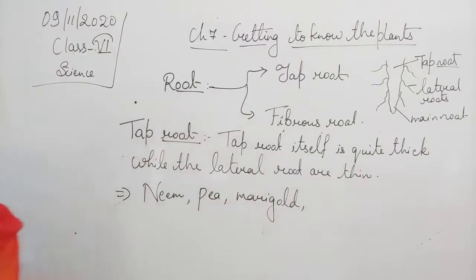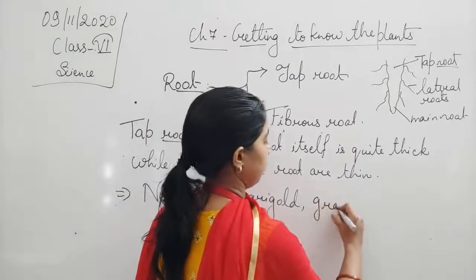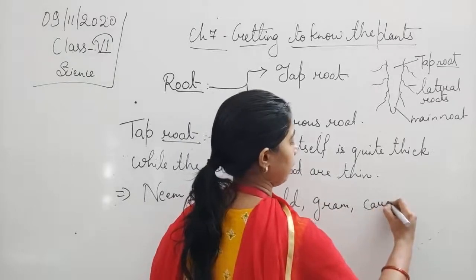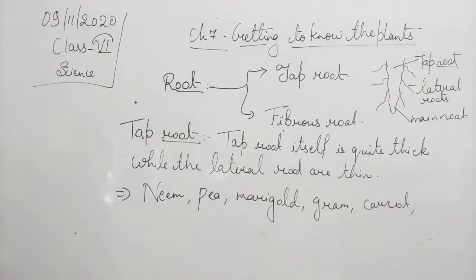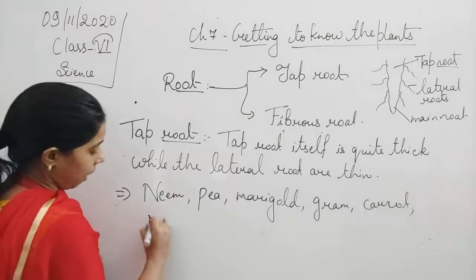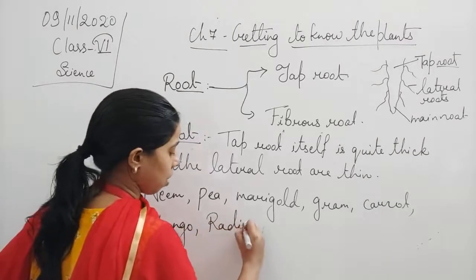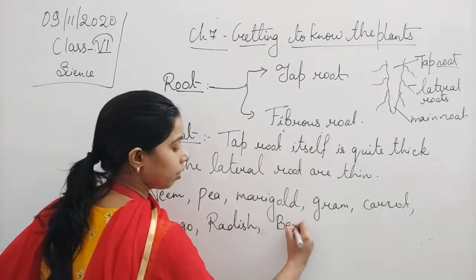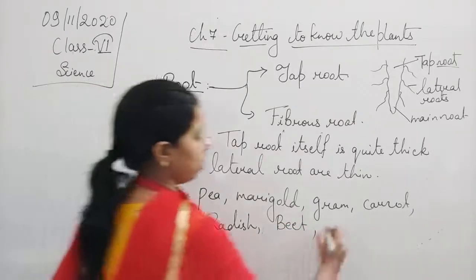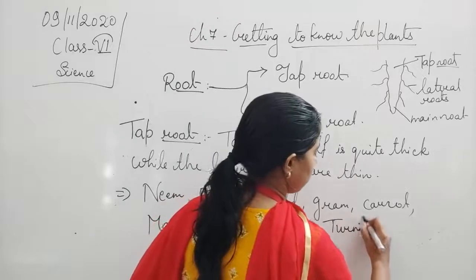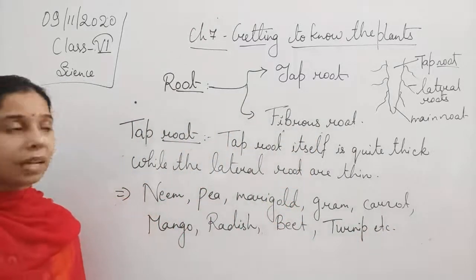Okay, or gram is also there, gram, carrot is there, mango, radish, beetroot, turnip, etc. So these are the different plants which show the taproot.